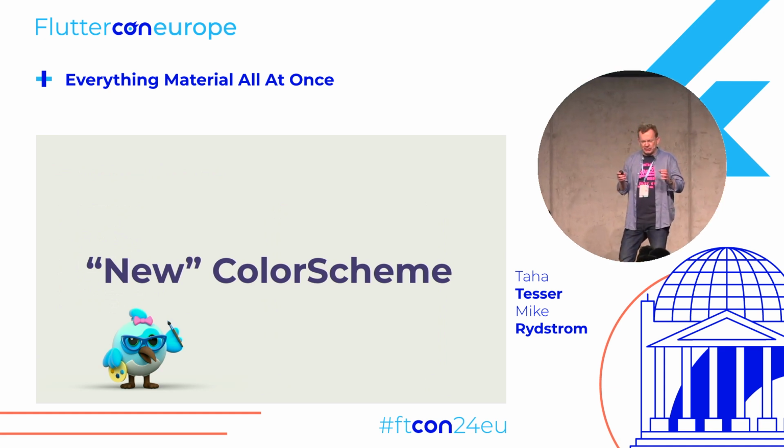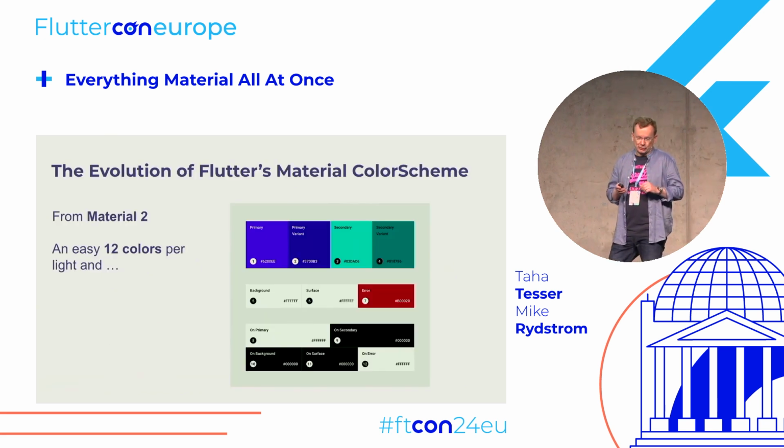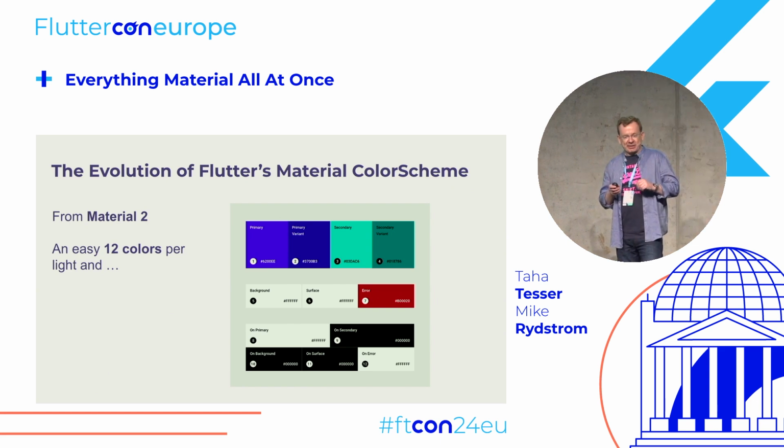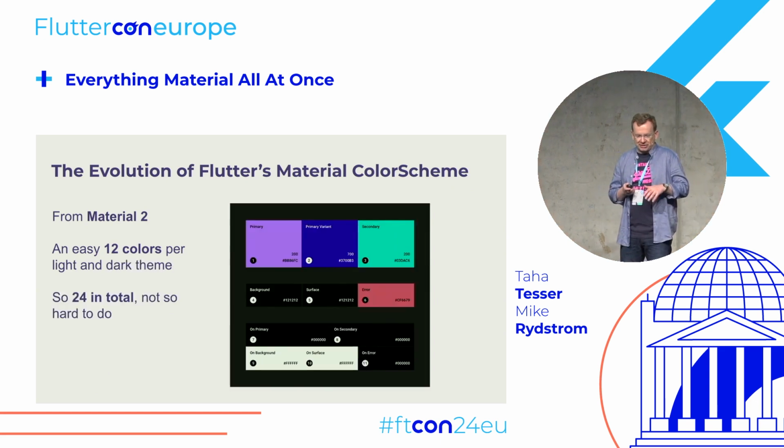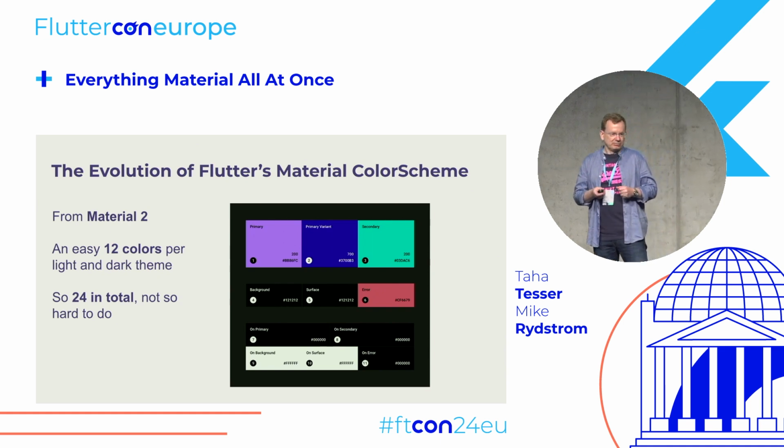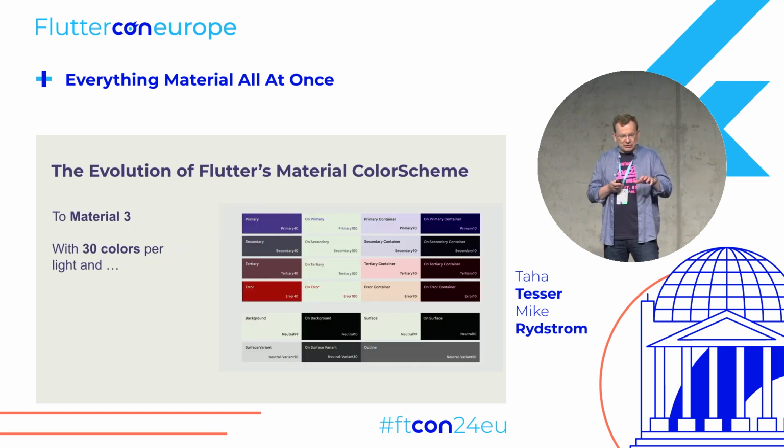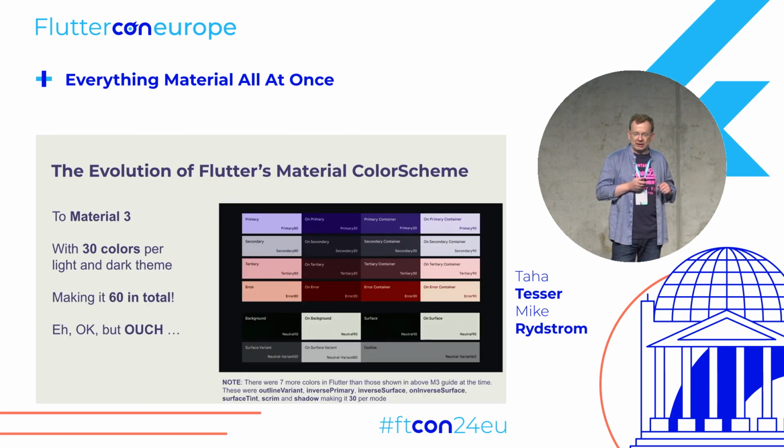It's not really new, but what happened with Flutter 3.22 makes it feel like new, because if we go back and look at the good old days when everybody was happy and we had only 12 easy colors to define in Material 2, in light and dark, it was 24 in total. That was easy, I can do that when I make my theme for my app. Then at some point, Material 3 arrived, and suddenly we had 30 colors, and also for the dark theme.